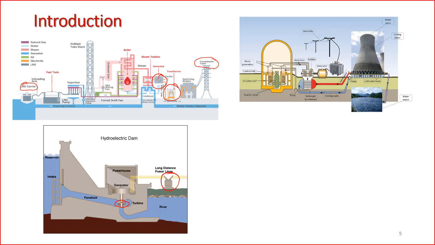Here also we can see nuclear elements like uranium fuel. It acts as the fuel and produces steam, and that steam is injected into the turbine, right? Then the generator produces electricity.